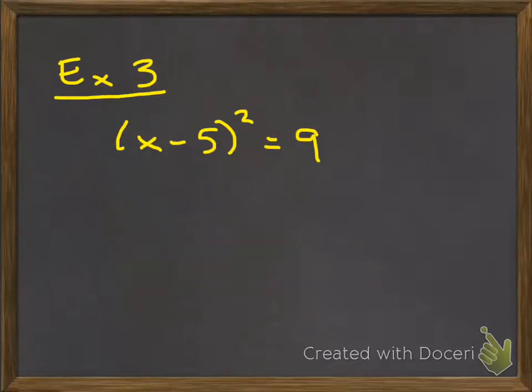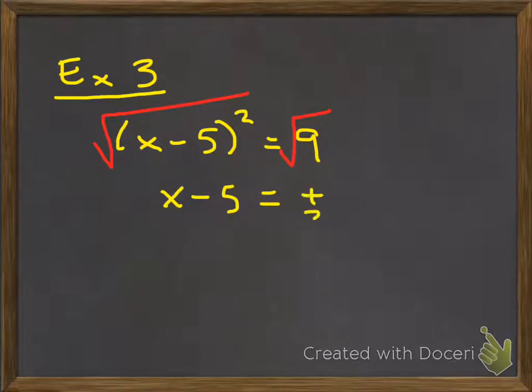Okay, example 3, quantity x minus 5 squared equals 9. Okay, because this is squared, we can take the square root of both sides, and it undoes the squared. So now I just have x minus 5 equals, and the square root of 9 is plus or minus 3. Okay, then we're going to solve for x.